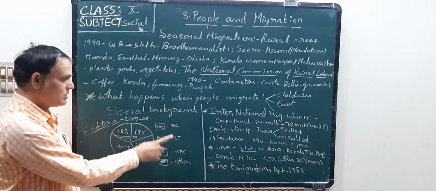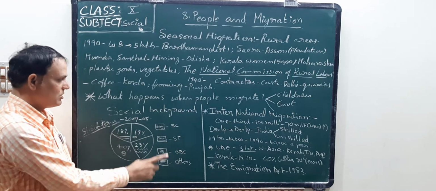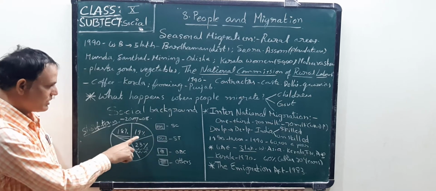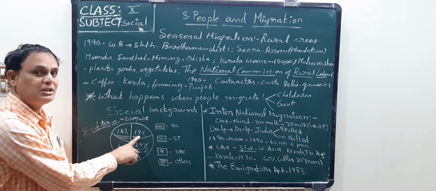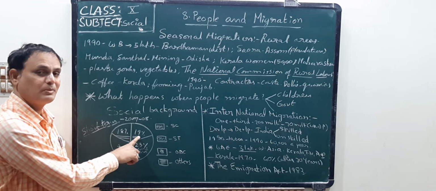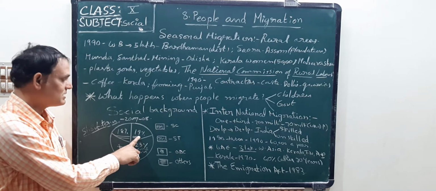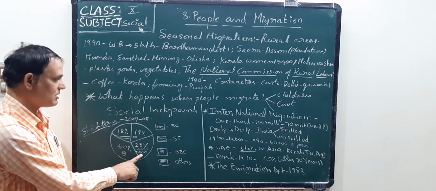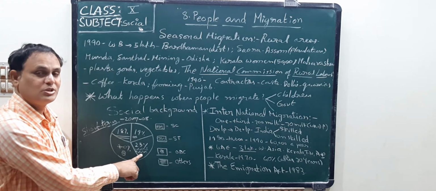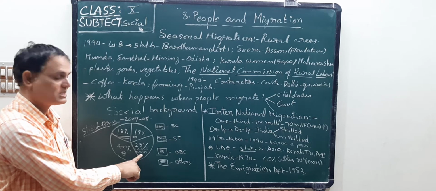Okay children, scheduled caste, scheduled tribe, other backward caste and others. Here look at scheduled caste people migrating. How much percent? 19% of scheduled caste people are migrating from their hometown to cities and towns. Next, ST candidates. 23% of scheduled tribe people are migrating from their hometown to other towns and cities.